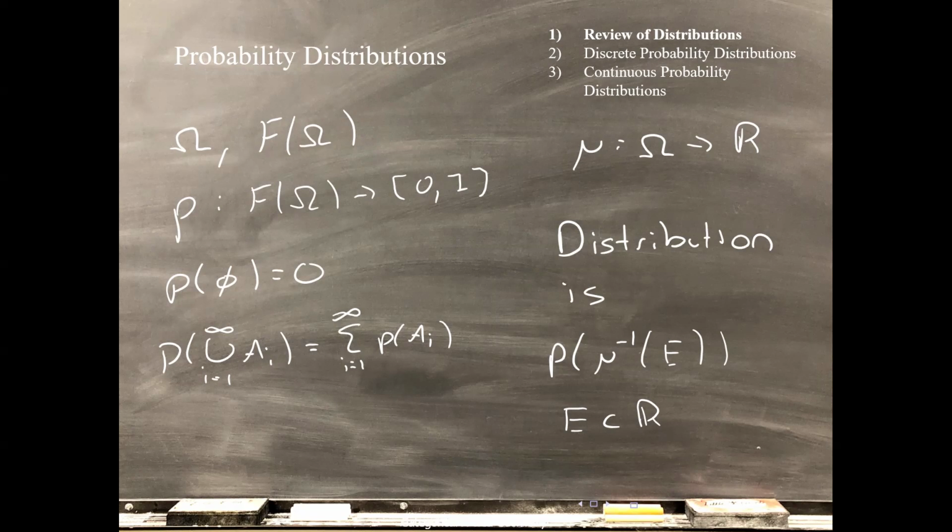So in particular, the probability of the empty set, which is contained in this collection of subsets, should be 0. And the probability of the union of a disjoint collection of sets A_i should be equal to the sum of the probabilities, right? So this is just the basic notion of what a probability space is.